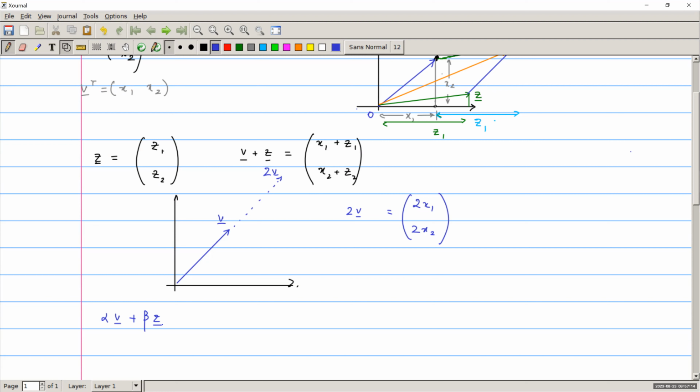If you have 3 vectors in play, you can have alpha 1 times x plus alpha 2 times z plus alpha 3 times w, for example. You scale each vector by a potentially different constant and you add them up. This is the primary object we will study in this course. This is called a linear combination.